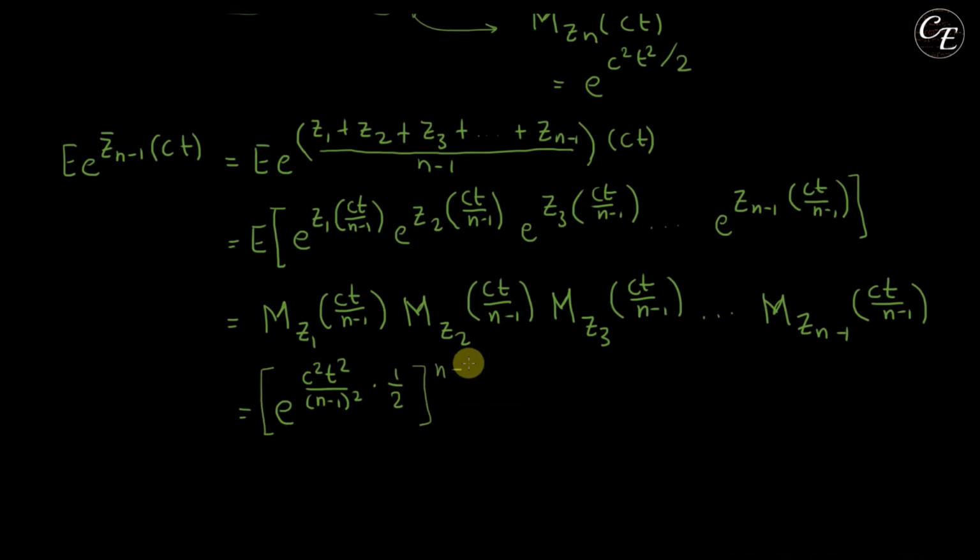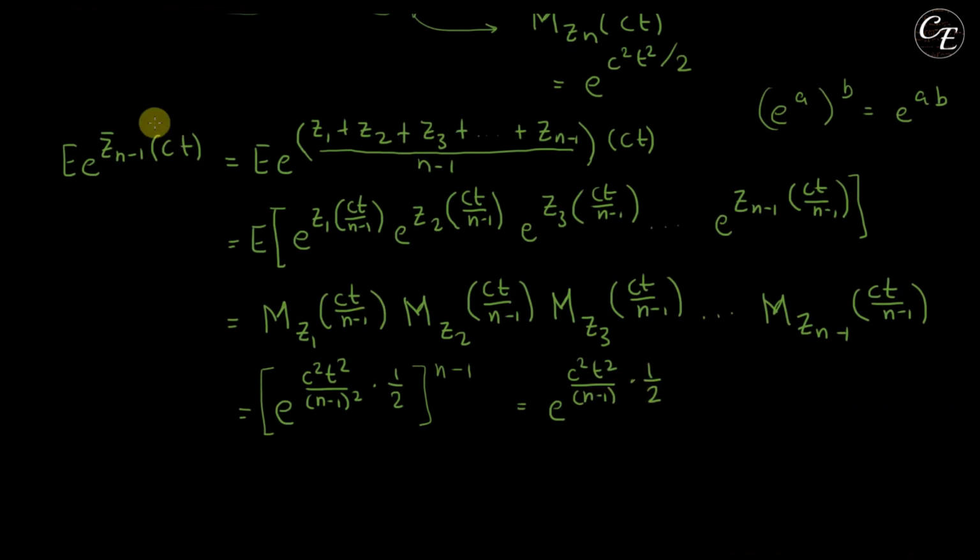And then we know from algebra that e raised to a and then b is equal to e raised to ab. So we can put this n minus 1 inside in here and then cancel out this square in here because we have a similar term in here. So we have here e raised to c squared t squared over n minus 1 only, times 1/2.